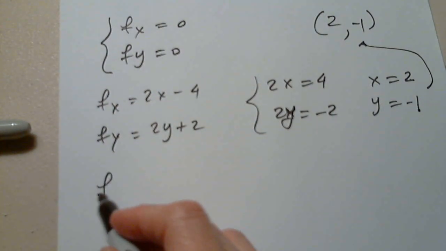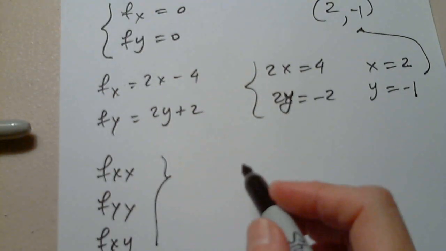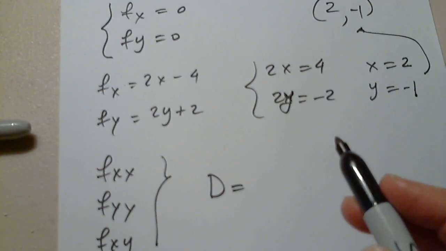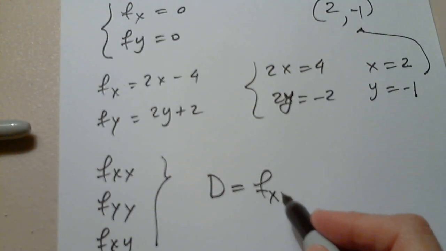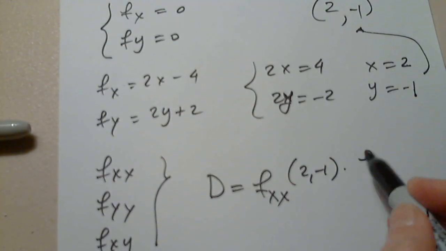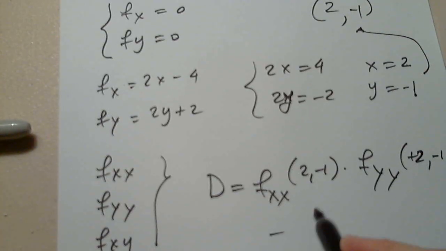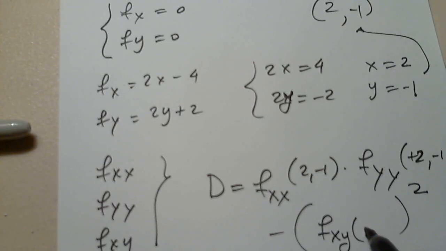Now we have to find fxx, fyy, and fxy. Why? Because the d, or the d number, requires fxx at this point times fyy at this point, 2 comma negative 1, minus the squared fxy at this point.